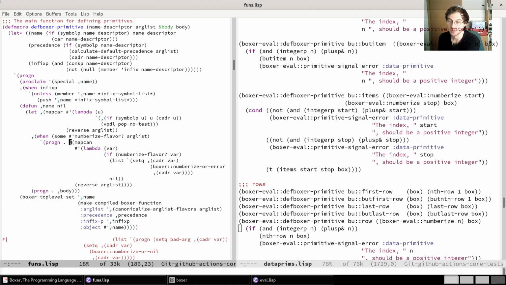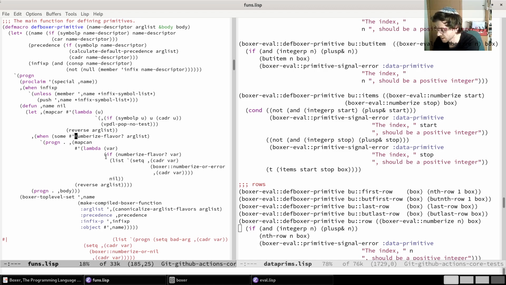Okay, let's look at this. Mapcan is a variant of map. It takes every argument of the argument list, reverses it, and transforms it into a structure that is doing some checks. If it is numeric, all this kicks in.